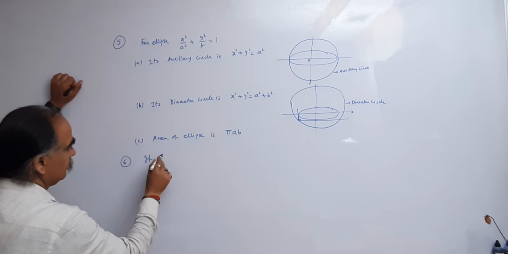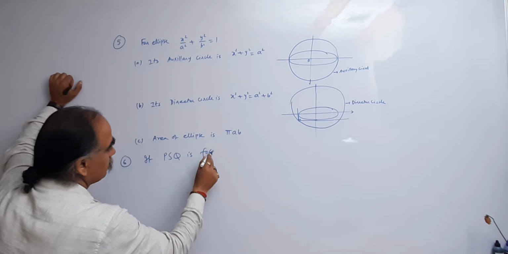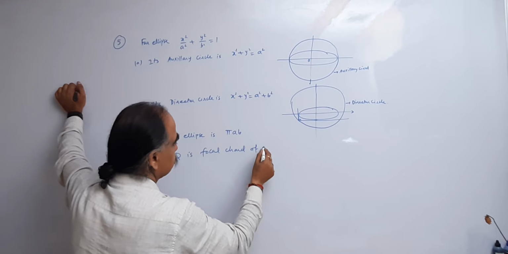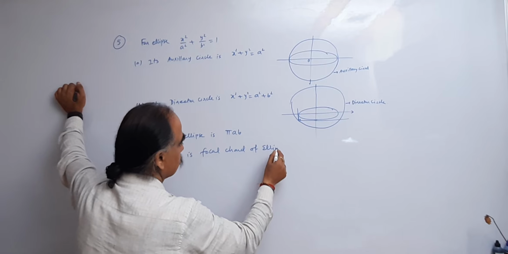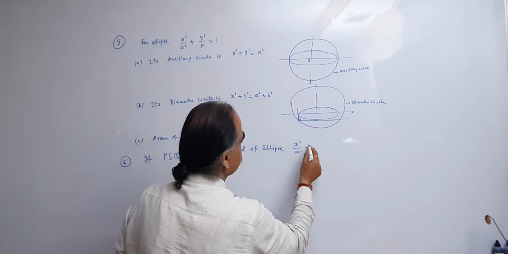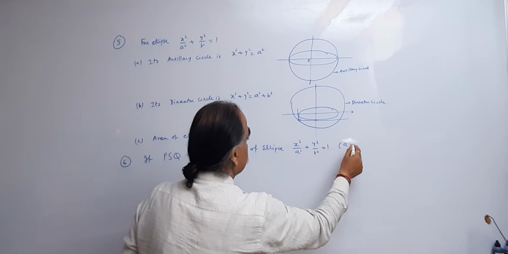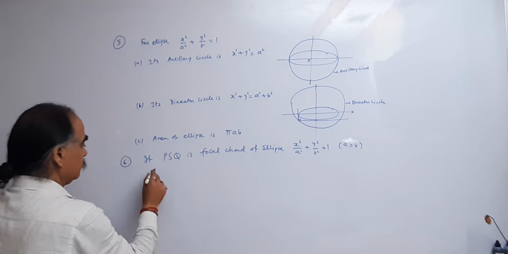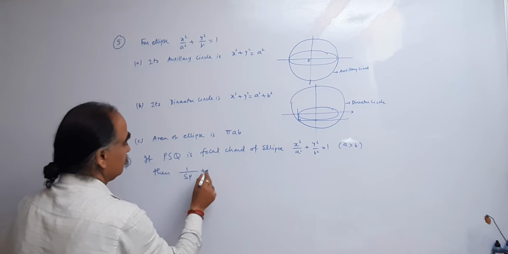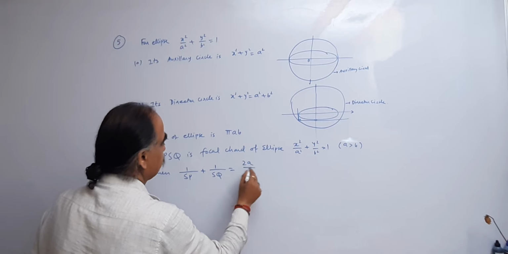If PSQ is a focal chord of the ellipse x square upon a square plus y square upon b square is equal to 1, a greater than b, then 1 upon SP plus 1 upon SQ is equal to 2a upon b square.